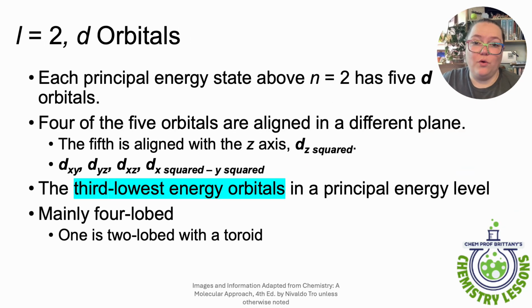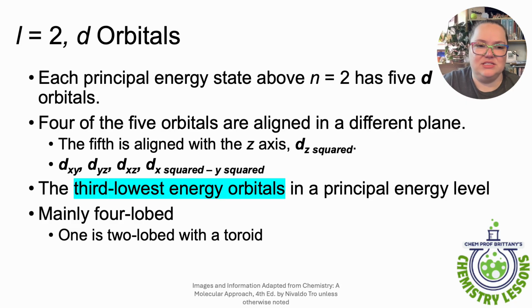The next kind of orbital is our d orbital. Each principal energy level above n equals 2 has 5 d orbitals. So for n equals 3, we have 5 d orbitals, right? And they are aligned in different planes, like the p orbitals, but there are not 5 different planes, so it's a little more complicated than that.